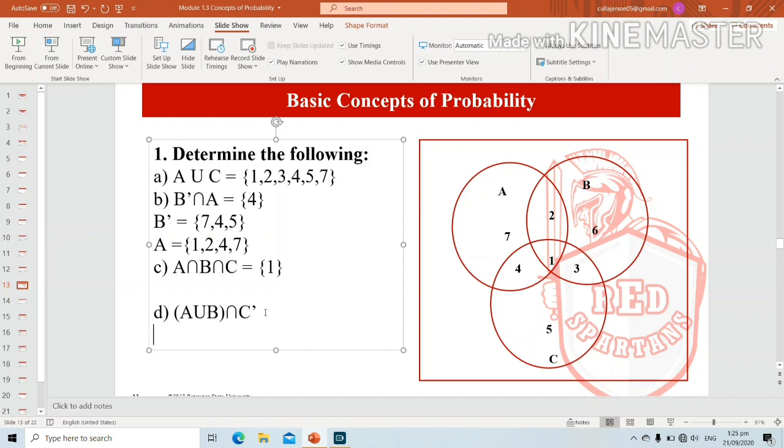So, kunin muna natin si A union B. Kasama sa A, kasama sa B. Alin ba yung mga kasama sa A and kasama sa B? Itong lahat ng to. So, 1, 2, 3, 4, 6, and 7. Then, ang ating C complement, hindi kasama sa C. Kung ito yung ating C, ang hindi kasama ay 7, 2, at 6.